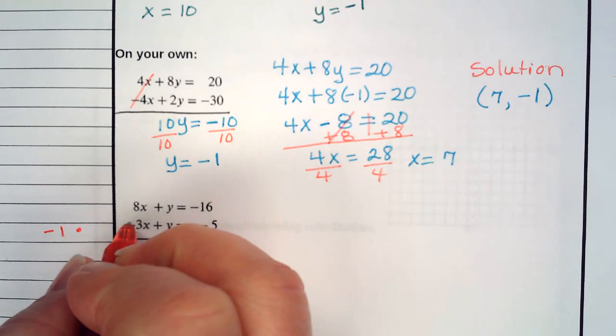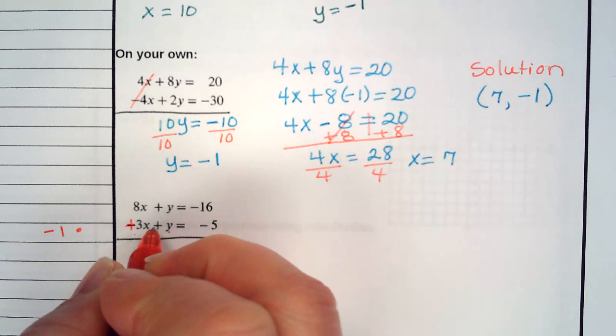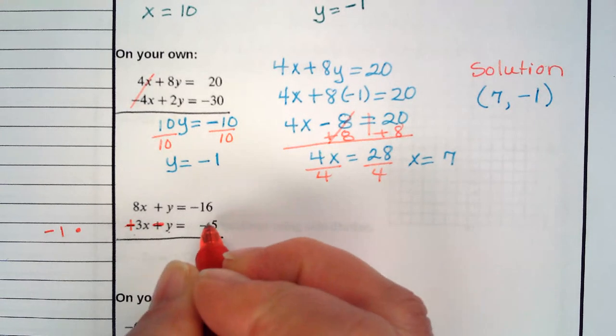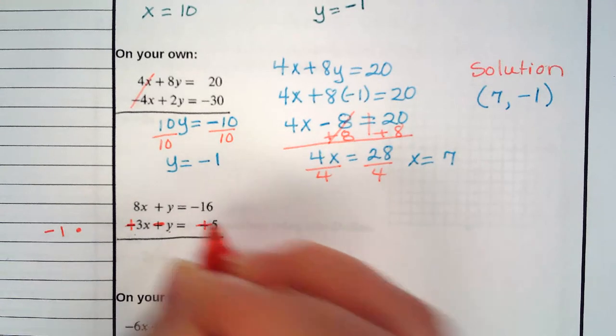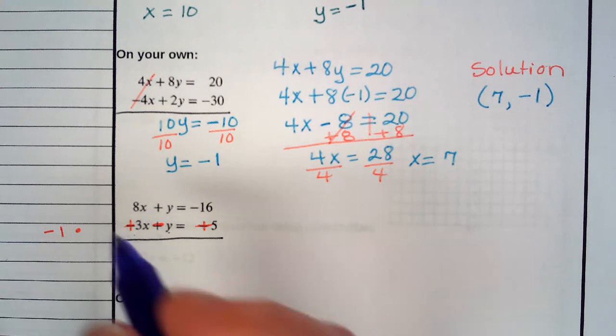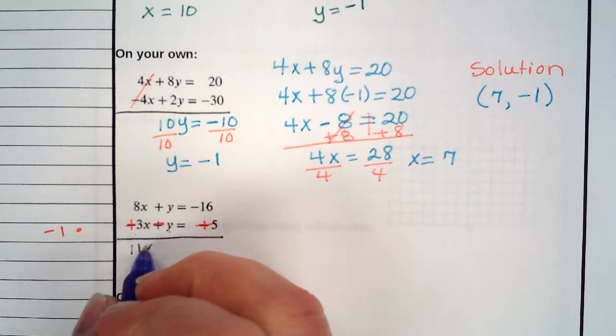Negative 3x times negative 1 is positive 3x. Positive y times negative 1 is negative y. Negative 5 times negative 1 is positive 5. I've created my opposites, and I can add straight down. 8x plus 3x is 11x.